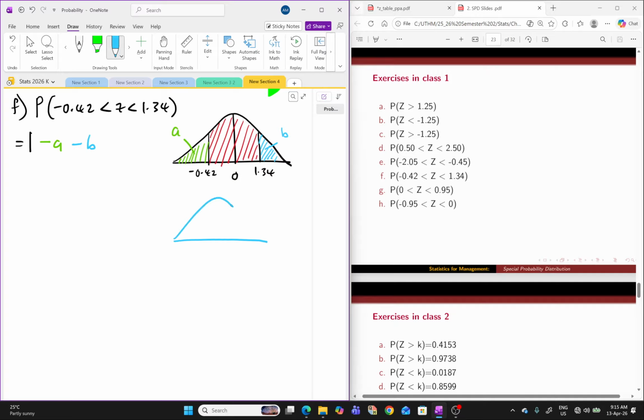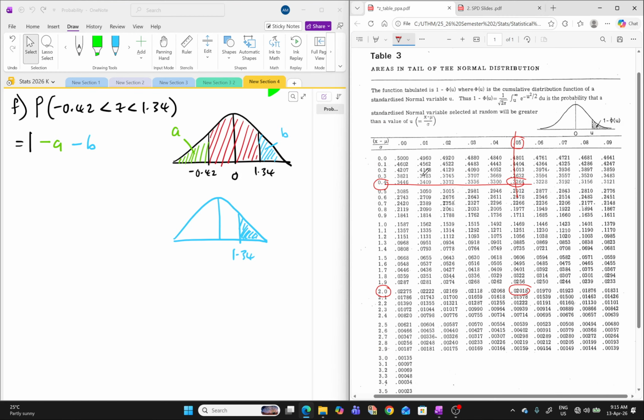For B, B is quite easy. 1.3 is here and 4 is here.